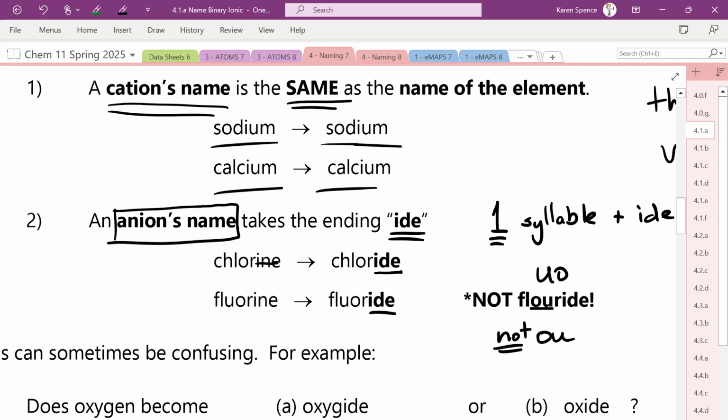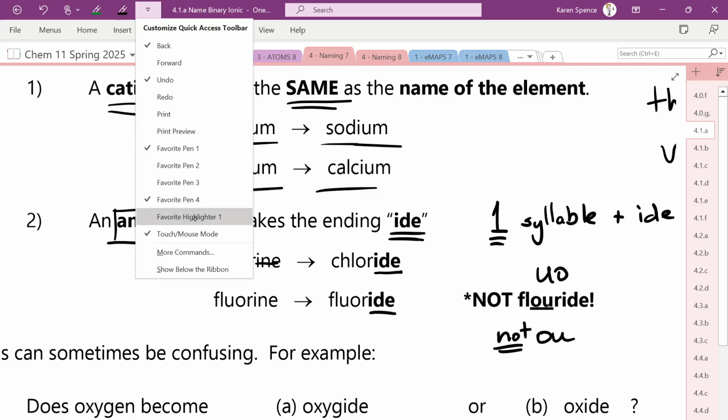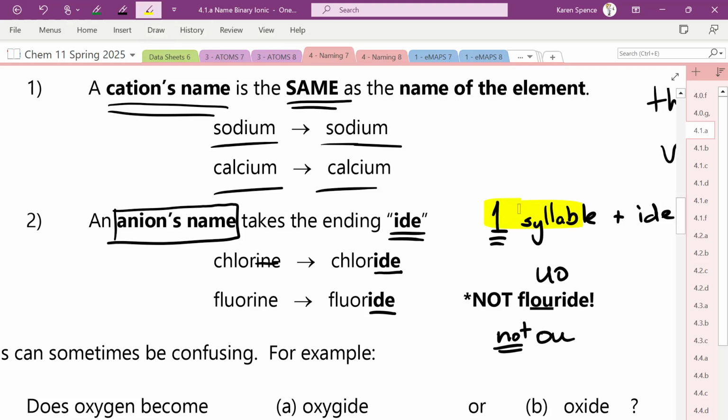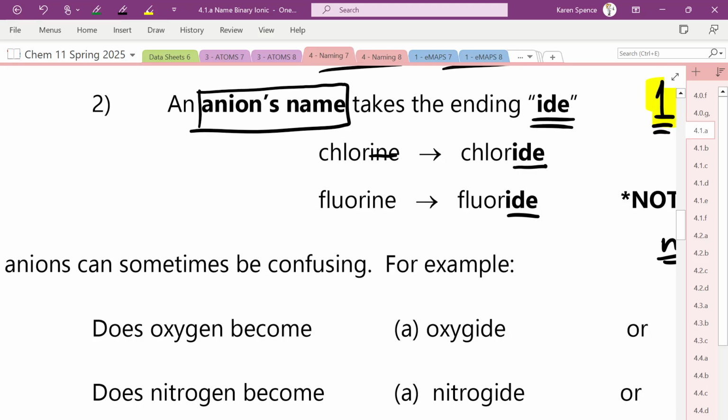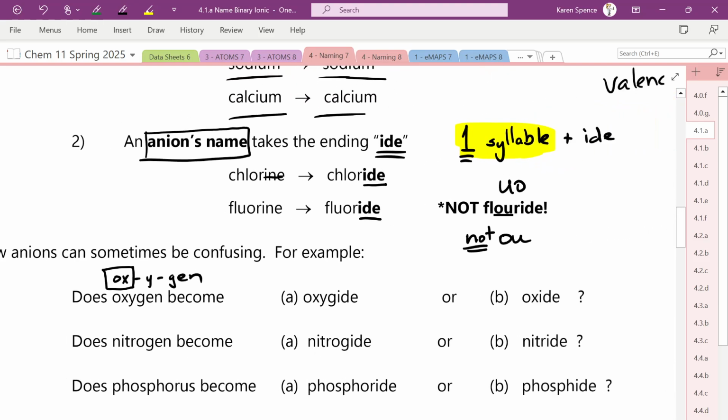Now, remember what we said about having one syllable plus the "ide." So oxygen, we have three syllables, right? We have ox, y, gen, right? Three syllables. So we don't call it oxygen. We just use the first syllable and it becomes oxide. Make sense? Okay.